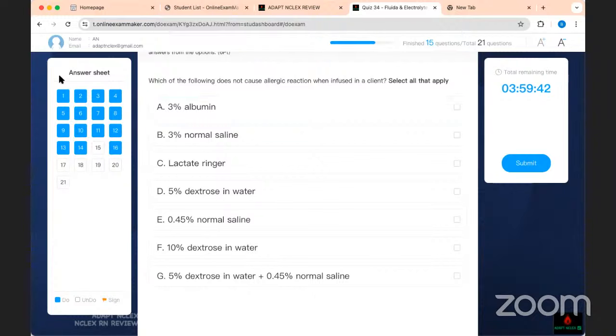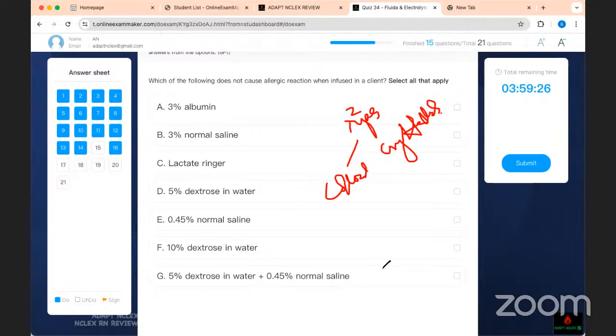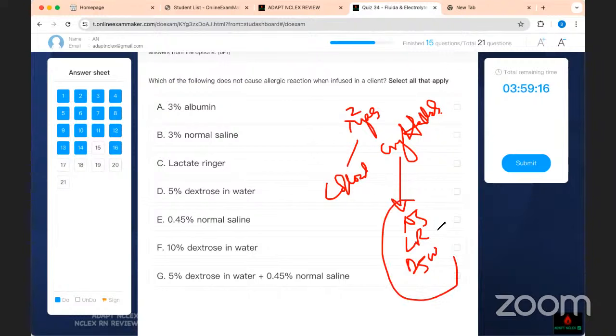When you see this, think about two types of fluid: there's the colloid and there's crystalloid. Which ones are the crystalloids? We've seen them: normal saline, LR, D5W, and all the different constitutions.